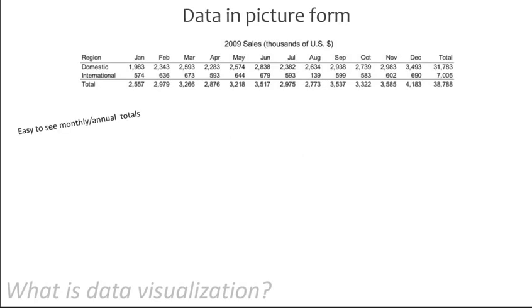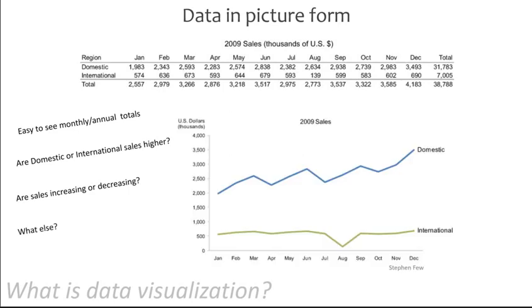So in picture form, we can ask questions like, can we see monthly or annual totals? Yeah, it is easy in a table. Are domestic or international sales higher? Tough to say without sitting there and memorizing all the numbers and doing a lot of mental gymnastics. Are sales increasing or decreasing? What else can we notice?